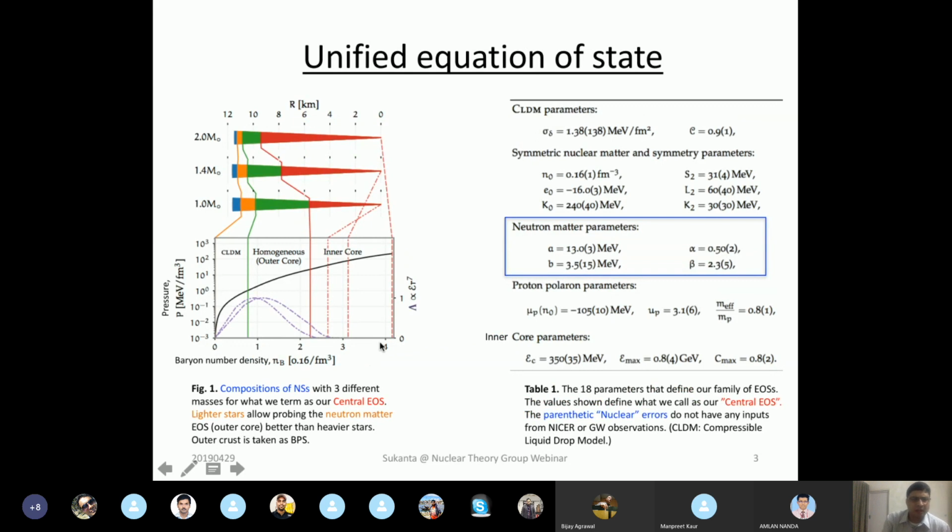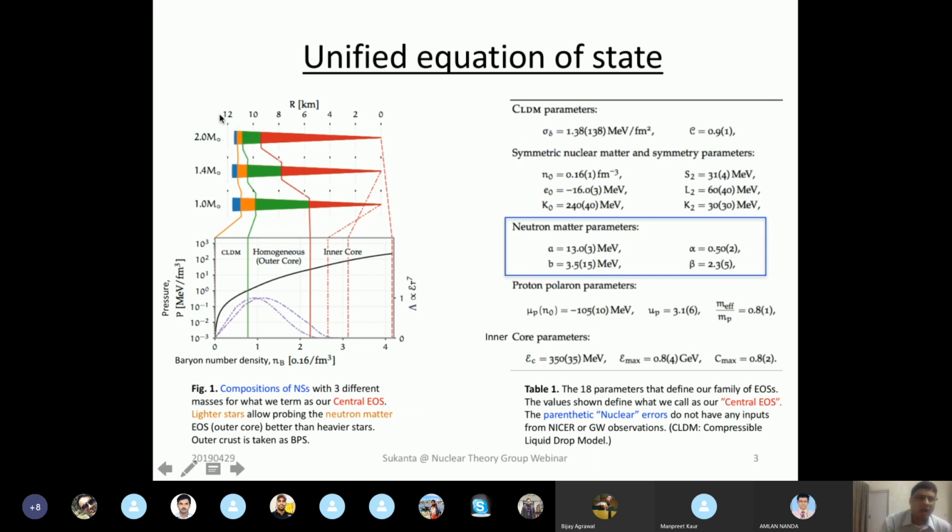And we also show how the composition of any star will change depending on its mass. So these 3 wedges show the cross-sections of a 1 solar mass neutron star, a 1.4, and then a 2 solar mass neutron star.